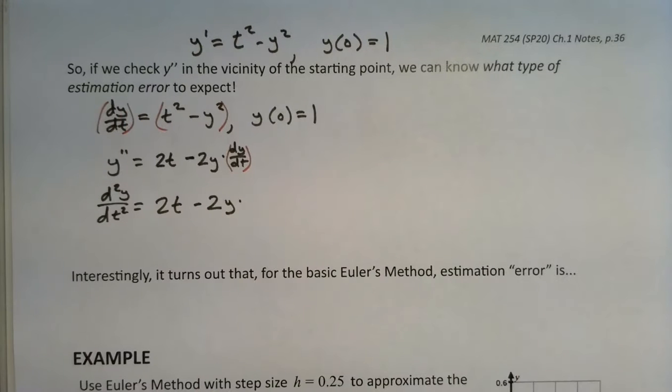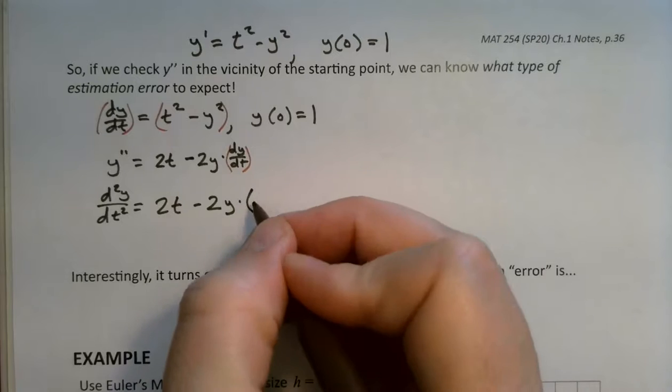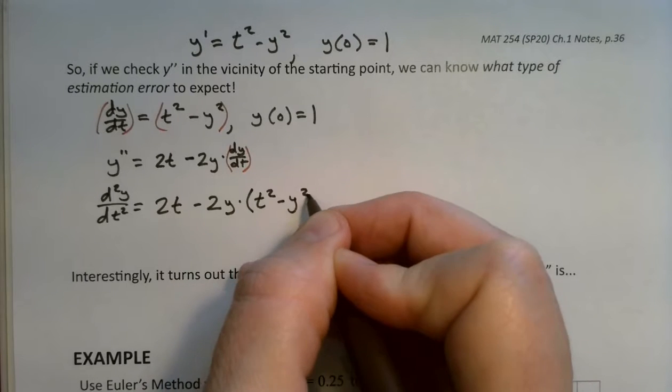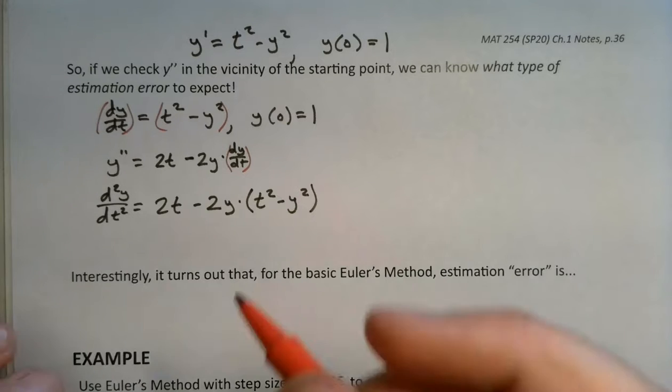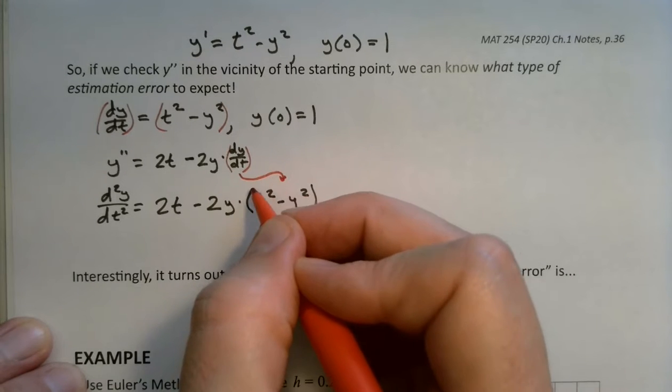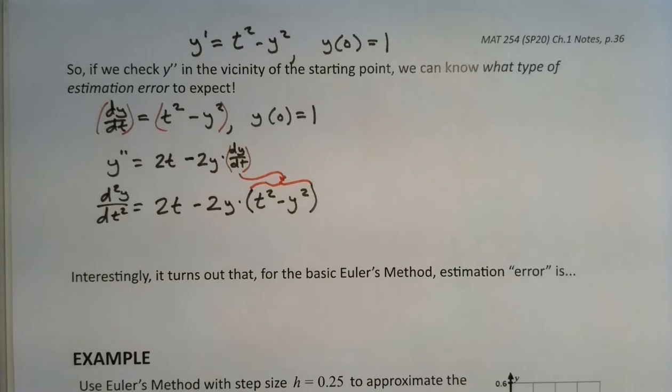So I can do a substitution for that, and I can just substitute t squared minus y squared right there. That is the equivalent of dy dt. And so in the vicinity of t equals 0 and y equals 1, I can estimate what's going on.